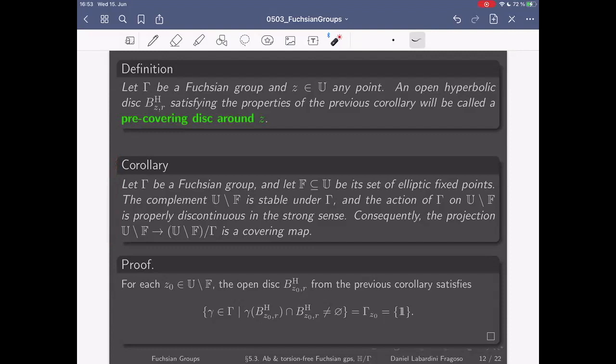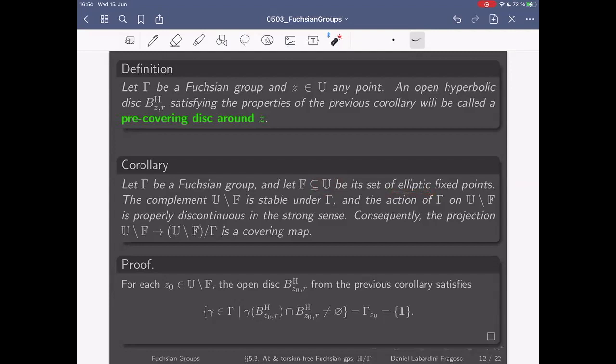Right, and so now we look at the following corollary. So if you have a Fuchsian group and you take out its set of fixed points, the elliptic fixed points are those that lie in the strict upper half plane. So gamma could have fixed points which lie in the closed upper half plane, but those that lie inside are exactly the elliptic fixed points.